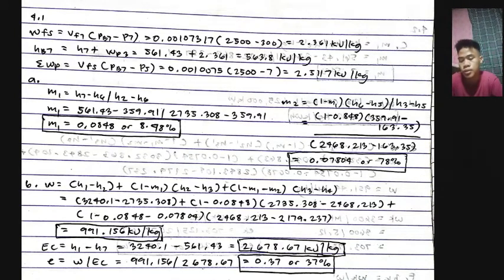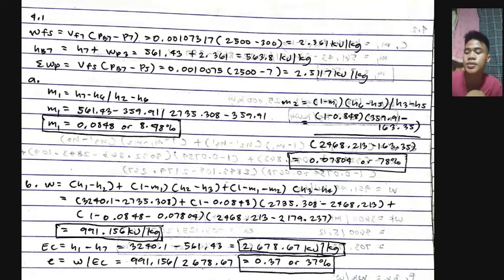Next, for letter B, formula for work equals (H sub 1 minus H sub 2) plus (1 minus M sub 1)(H sub 2 minus H sub 3) plus (1 minus M sub 1 minus M sub 2)(H sub 3 minus H sub 4).